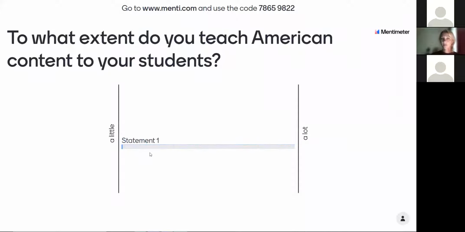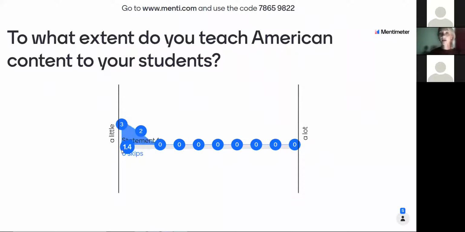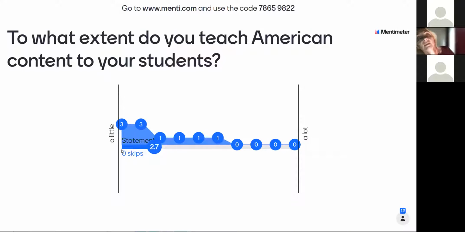There is a gradation from 1 till 10. I mean, 1 is just very little, but 10 is on a regular basis. So pretty often, maybe you read American literature, or you talk about famous people from the United States. So to what extent?